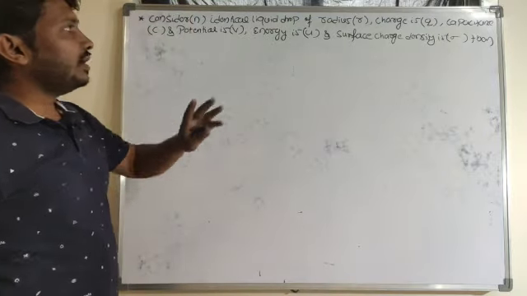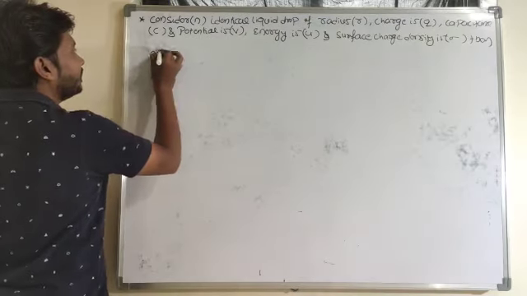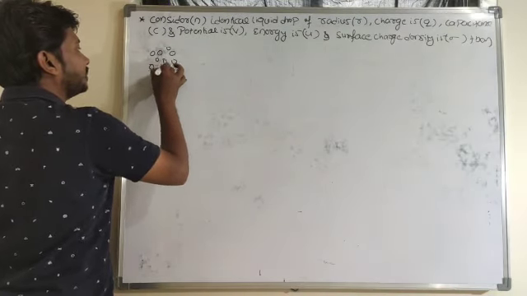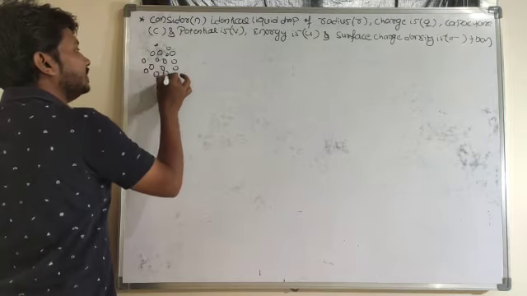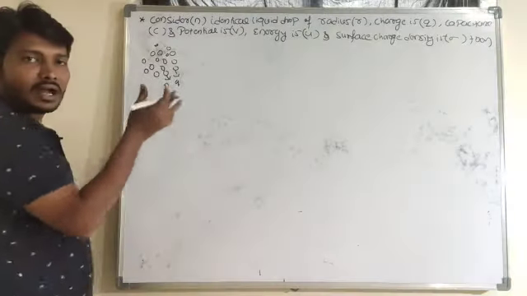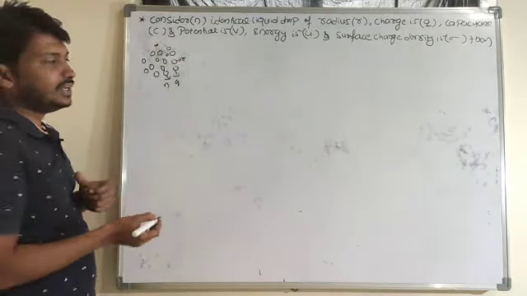Then these small identical drops I will combine, and it forms a bigger drop here. So for example, these are all n number of identical drops, each drop having q amount of charge and radius r.